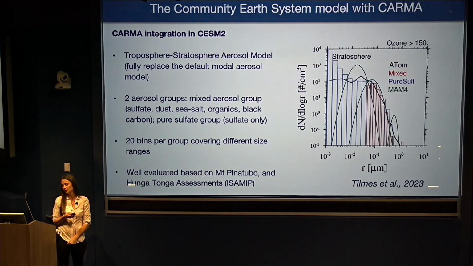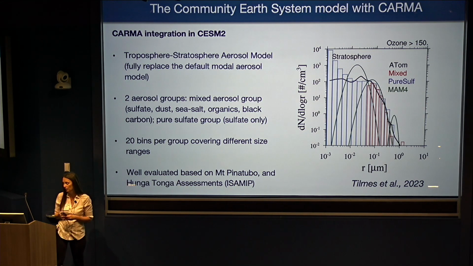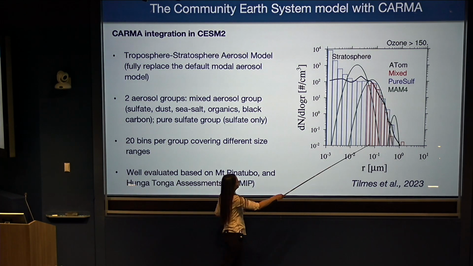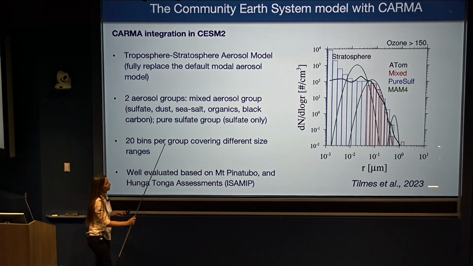So the CSM integration we have done before uses really the description. We were replacing aerosols with this CARMA sectional aerosol model, because the default model is a modal model. As you can, for example, see, the aerosols in the atmosphere can be represented through modes. And here we really move to the sectional aerosol model.